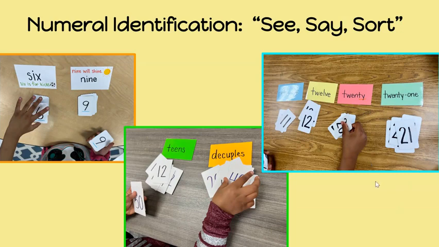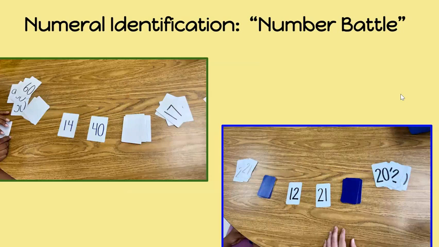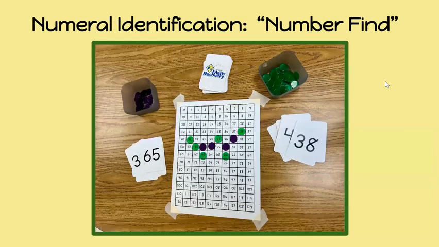You can take these same cards and play number battle, which is like the old school card game of war. I don't think I need to explain that, but the nice part is they are still saying their numbers as they go and also doing some comparing. They really enjoy this. Lastly, I called this number find.